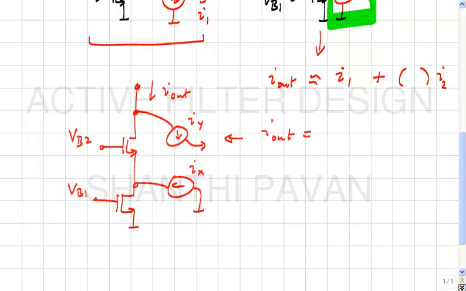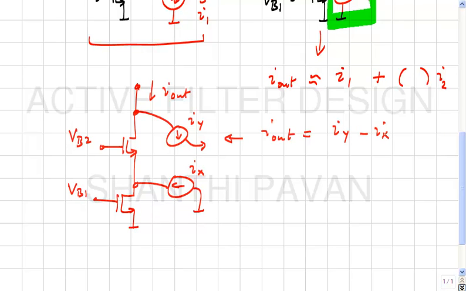You can do this again by superposition, right? Assume Ix is not there. What is the transfer function from Iy to I out? It is simply Iy. If Iy was not there and it's only Ix, it is minus Ix.